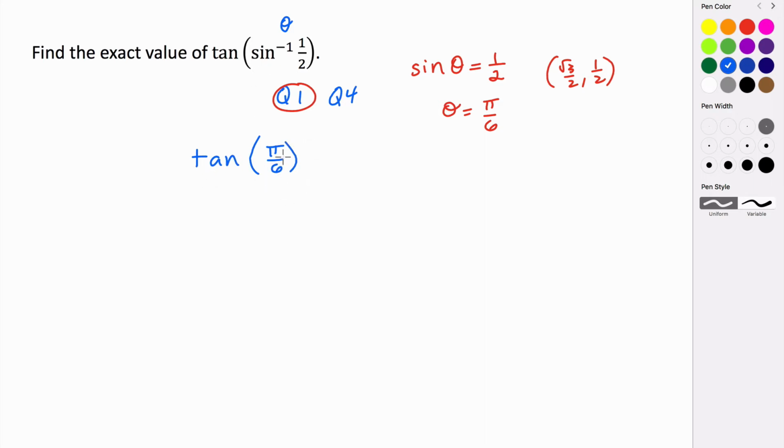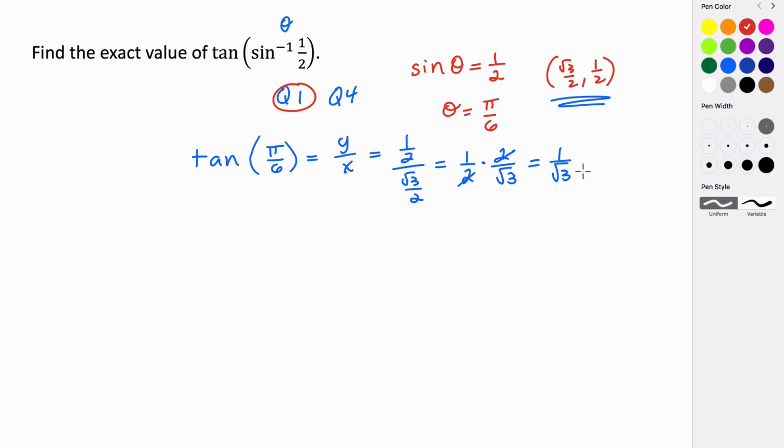because the inverse sine of 1/2 is just pi over 6. So the tangent of pi over 6, well, we know that that's just the y coordinate divided by the x coordinate, and these are the coordinates for pi over 6. So that's going to be 1/2 divided by the square root of 3 over 2. We're going to keep the numerator and multiply by the reciprocal of the denominator. So 1/2 times 2 over root 3. Those will cancel, and we get 1 over the square root of 3.